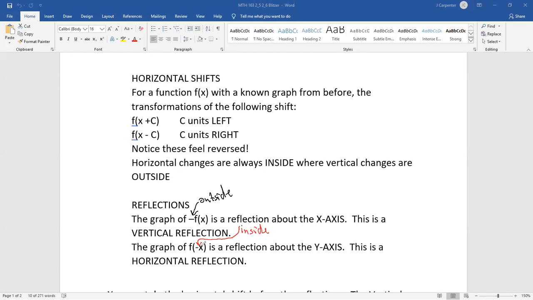So when you have a negative in front of the x term inside, that makes it a horizontal reflection. Left and right will swap. When you have a basic core function and there's a negative in front of that core, that means you're going to reflect vertically because the negative's outside. A negative in front of an x inside flips left and right. A negative outside the core flips up and down.